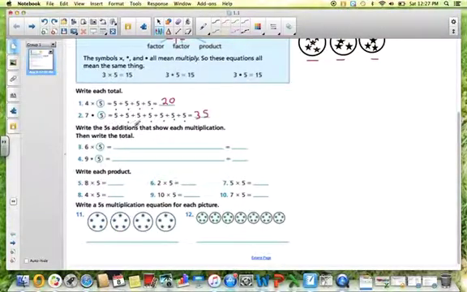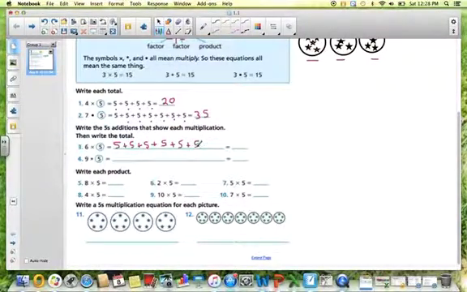Okay, now let's move on. Write the 5's additions that show each multiplication. Then write the total. So just like we saw up here, now we have to write all those 5's out. Number 3 says 6 multiplied by 5 equals, so we're going to write 6 5's. 5 plus 5 plus 5 plus 5 plus 5 plus 5.